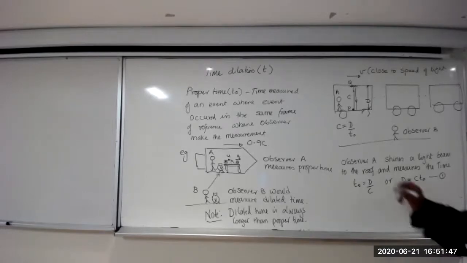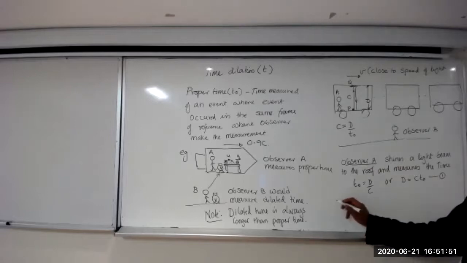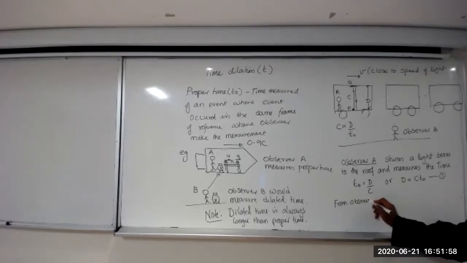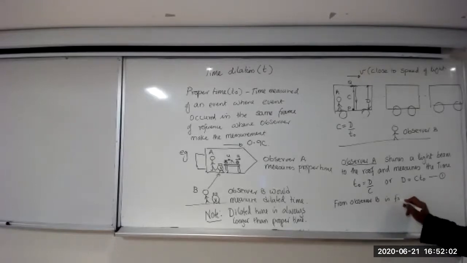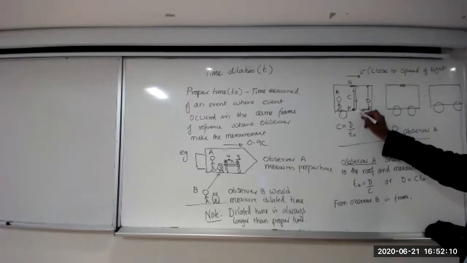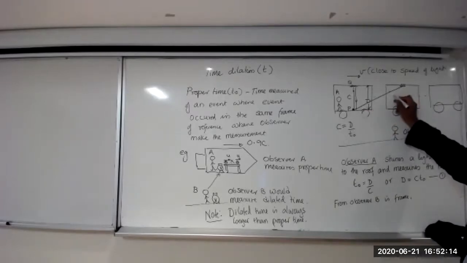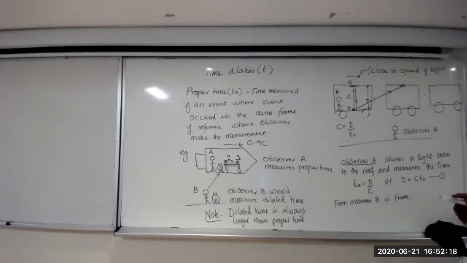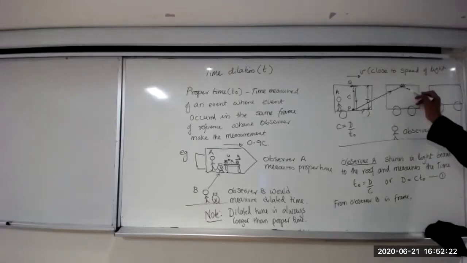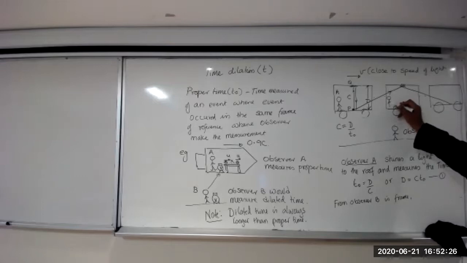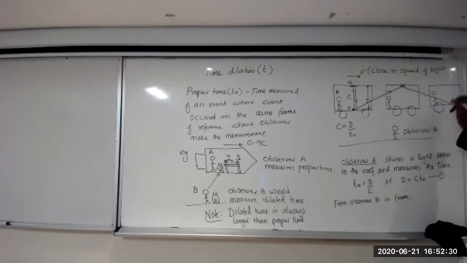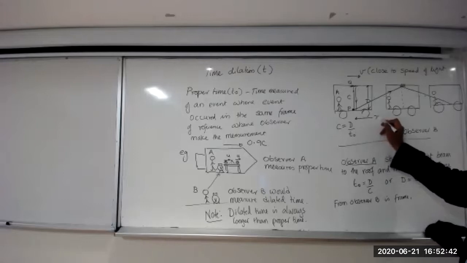Now from observer B's point of view, from observer B's frame, what do you see? You see that while the light is shining, the light is traveling, and then the train is moving, therefore the light beam travels forward and reaches back. That's what observer B sees. So that means the train has traveled distance x during that time.